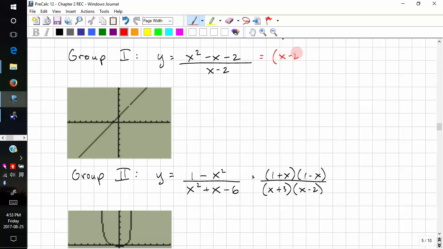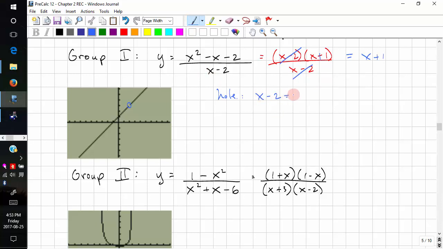x minus 2, x minus 1, x minus 2. We can cancel out these terms. So what we have left is x plus 1. We have a hole, and the hole occurs when the denominator has an NPV.